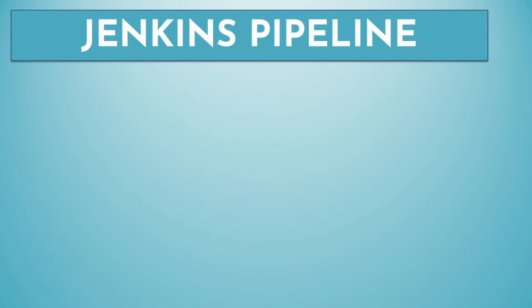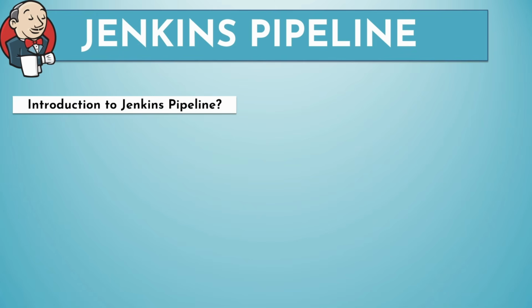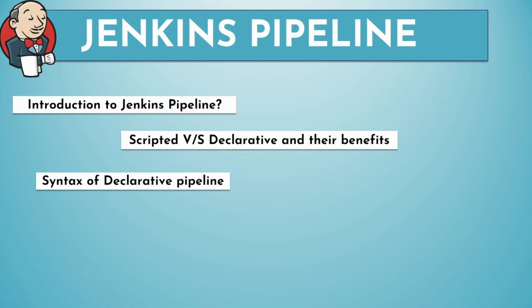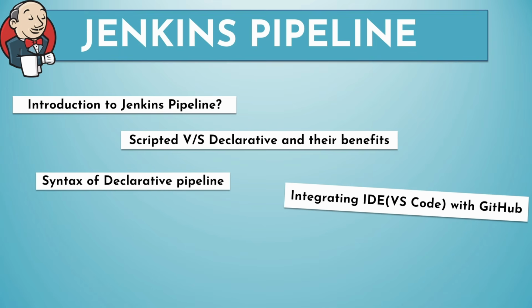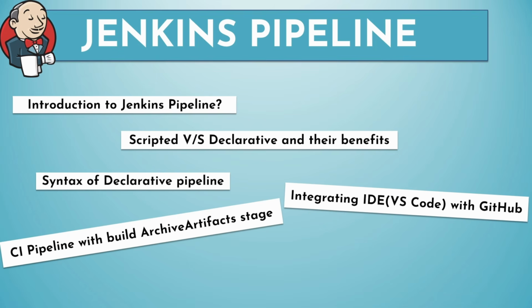I have designed this tutorial keeping in mind beginners to Jenkins pipeline. So we will start with the basic introduction of Jenkins pipeline, benefits of using it, syntax, and the difference between declarative and scripted pipeline. Then we'll be doing a deep dive into declarative pipeline with the demo, which includes environment setup, agent installation, integrating your IDE with GitHub. Then we'll create a simple CI pipeline with Maven build and archive artifact stages using a demo application.